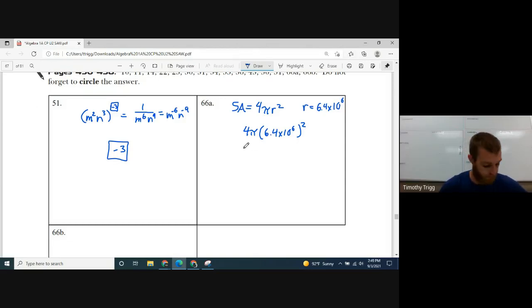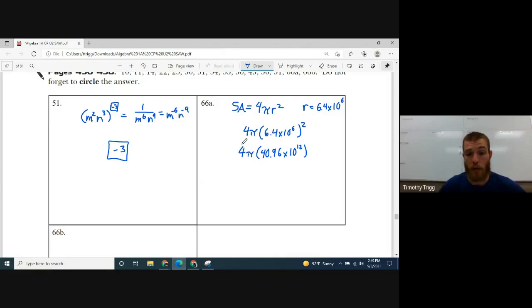So now we have 4 times pi times, now this thing needs to get squared, so we'll do 6.4 squared, which is 40.96, and then times 10 to the, we have a power to a power, so that's going to be to the power of 12.